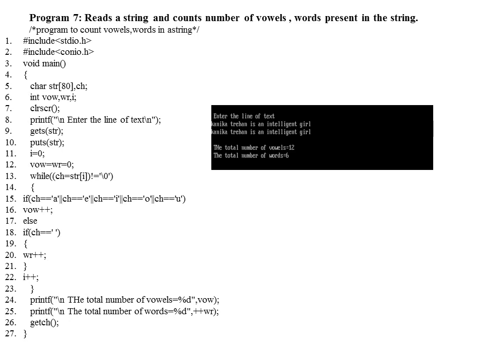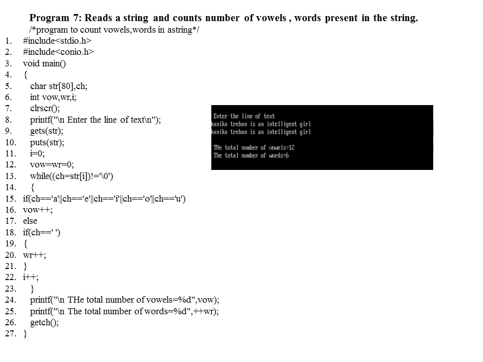Now we are taking many variables to solve our problem. vow means vowels. We will count the vowels, and vow is considered as int data type because the number of vowels will be an integer, the number of words wr will be an integer, and i is the control variable for our programming purpose.